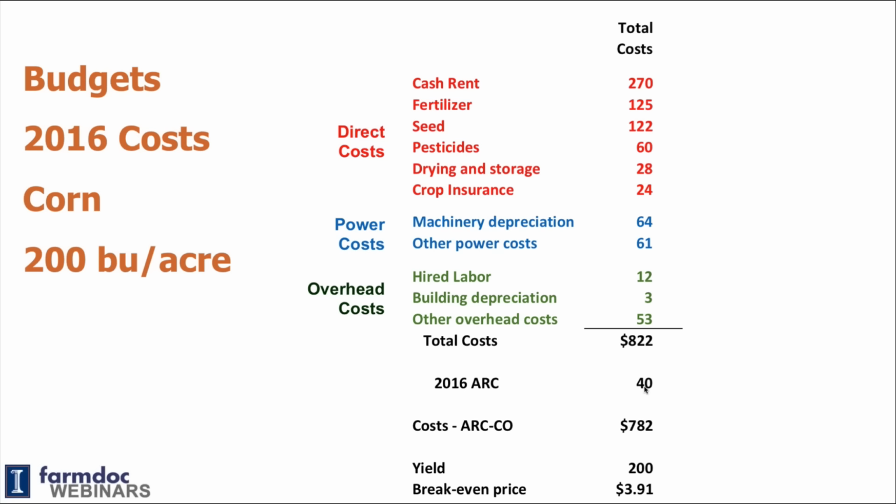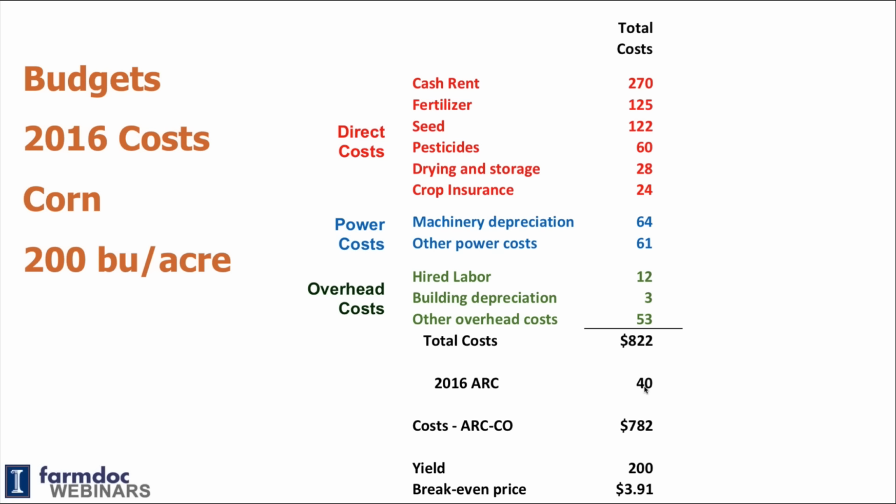We're expecting an ARC payment for the 2016 crop, which will actually be received in 2017. Pretty soon, towards the end of this seminar, we'll be much more specific about what the 2015 payments look like.